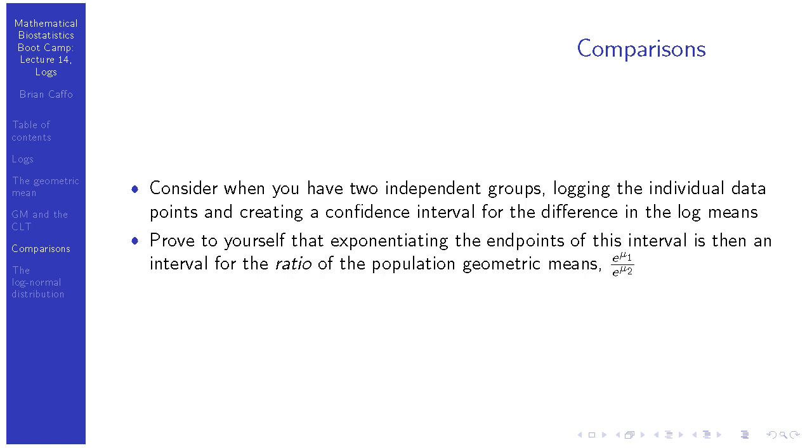That confidence interval is exactly an estimate of the ratio of the population geometric means. Of course, it's an estimate on the log scale of the difference in the expected values on the log scale. But if you exponentiate it, then you get exactly an interval for the ratio of the population geometric means. And if you're willing to assume that the data is symmetric on the log scale, then this is also equal to a ratio of the population medians.